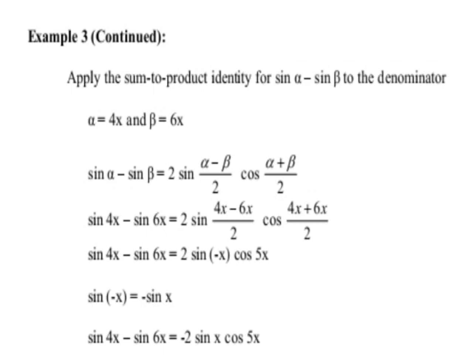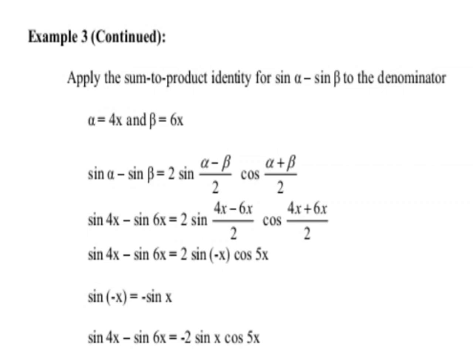So, this is the continuation of our example number 3. Then apply the sum to product identity for sine A minus sine beta. A is equal to 4x and B is equal to 6x. Sine A minus sine beta is equal to 2 sine of (A minus beta) over 2 cosine of (A plus beta) over 2.